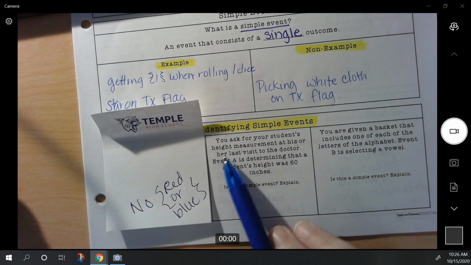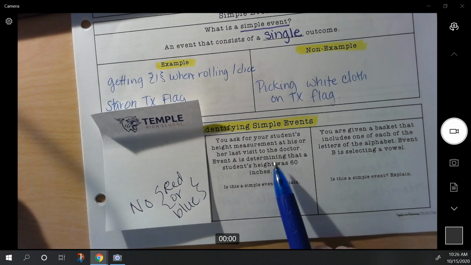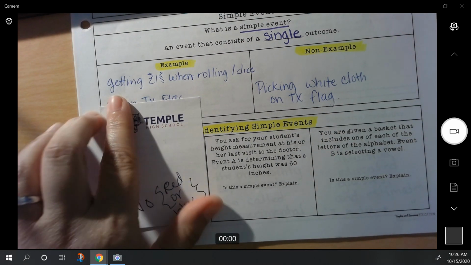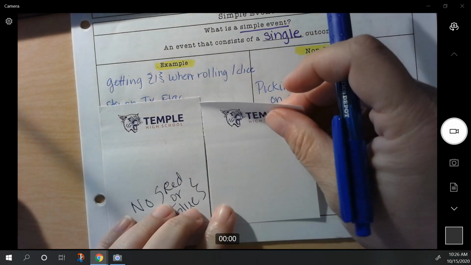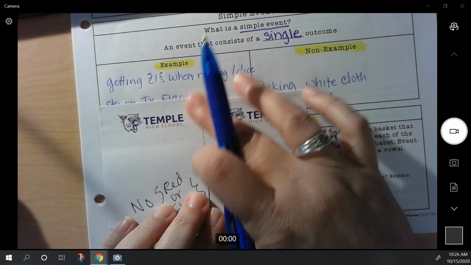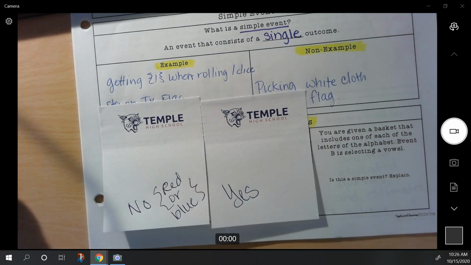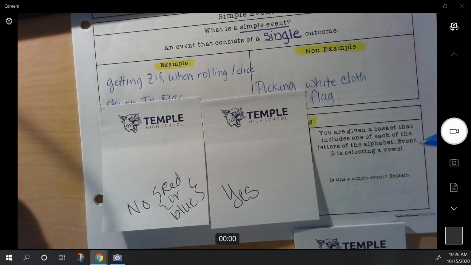You ask a student's height measurement at his or her last visit of doctor. Event A is determining if the student's height was 60 inches. So you will only get one response on their last visit. So that is because there's only one, it's a yes or no. Well, this would be a yes because their height will have one number. You are given a basket that includes one of each of the letters of the alphabet.